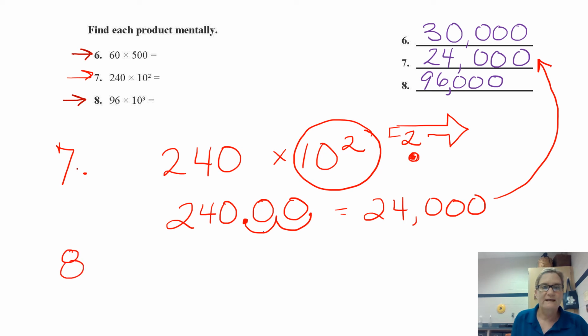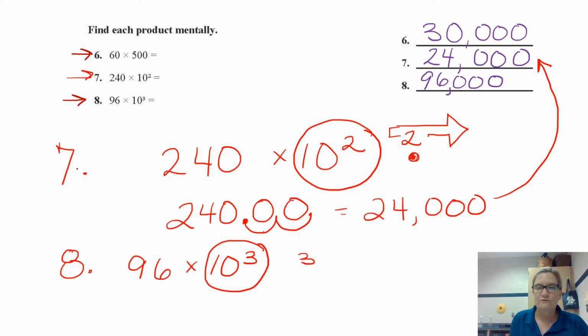So problem number 8, we have 96 times 10 to the third power. And when you multiply a number by a power of 10, this is a positive power, so I am moving the decimal point 3 spaces to the right.